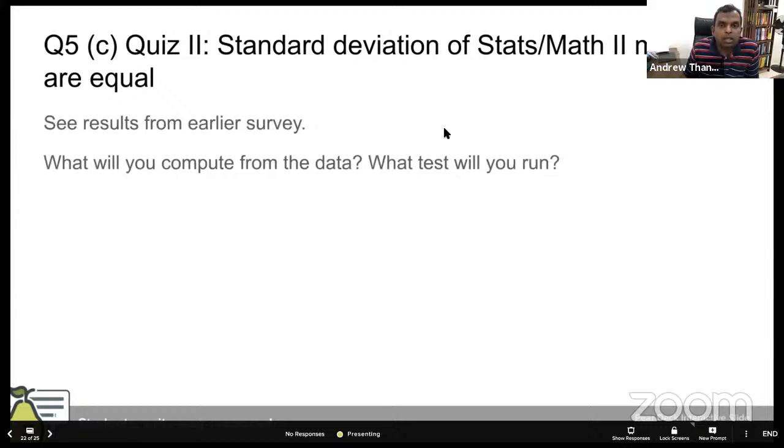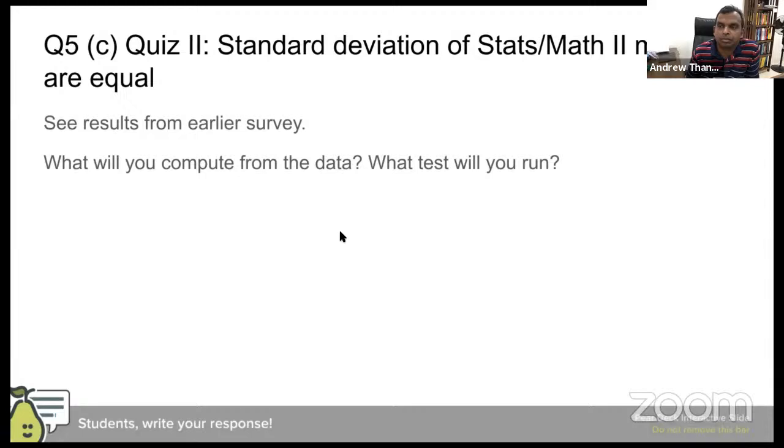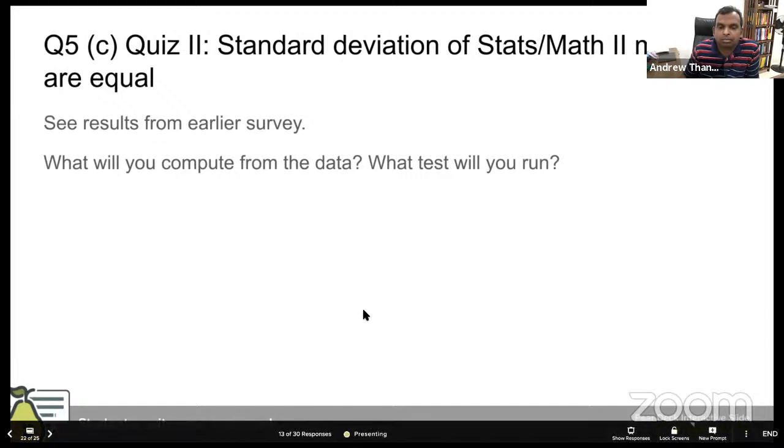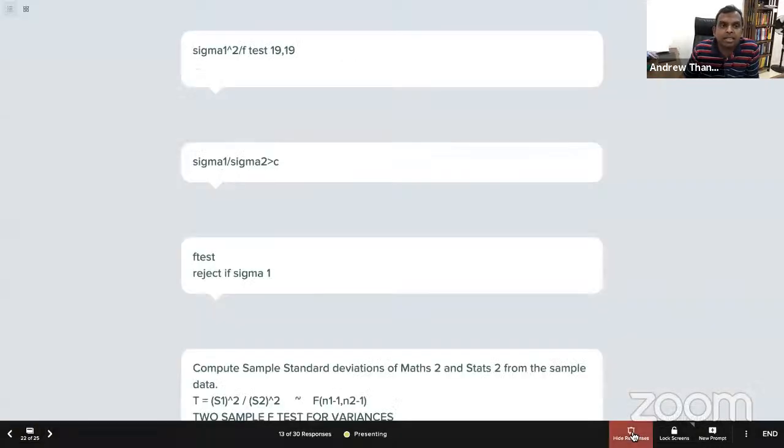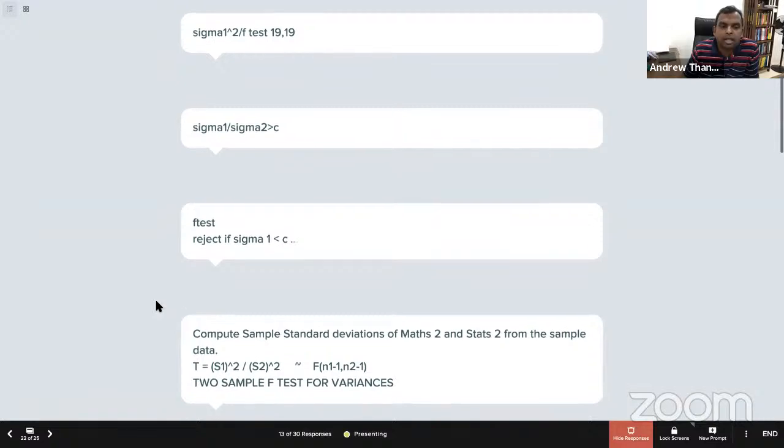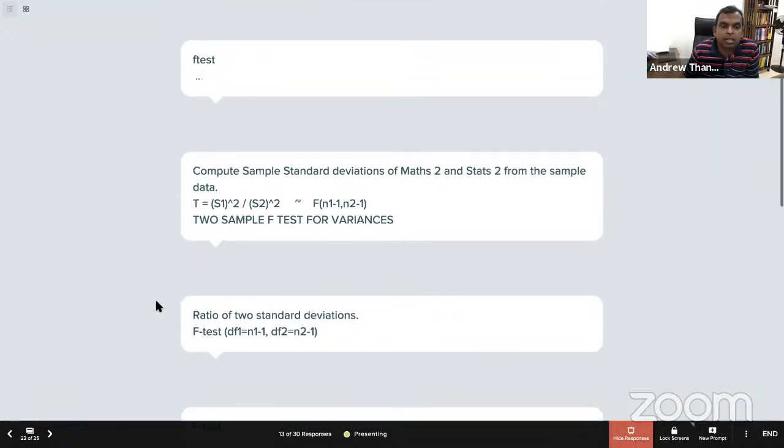So what will you compute from the data and what test will you run? This is a two sample test of variance, and that's called the F test. F 19, 19, that's absolutely correct.